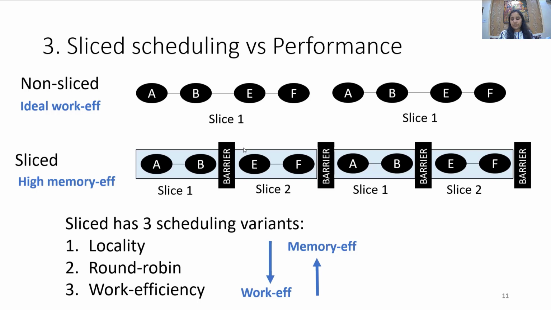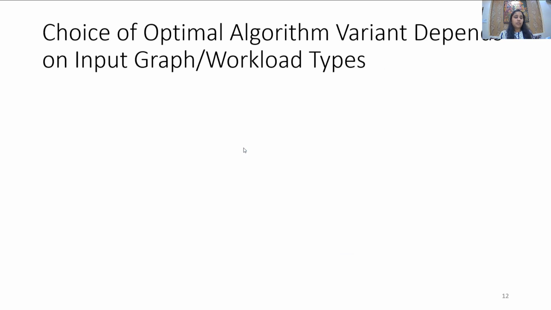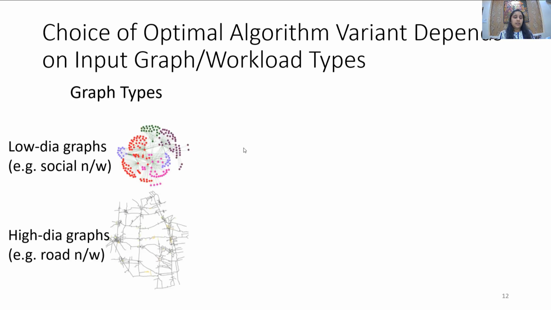Now that we have developed an understanding of how the graph algorithm variants trade off memory and work efficiency, the final decision of optimal algorithm variant depends on how sensitive the input graphs and workload types are to memory and work efficiency. For example, there can be low diameter graphs or high diameter graphs.